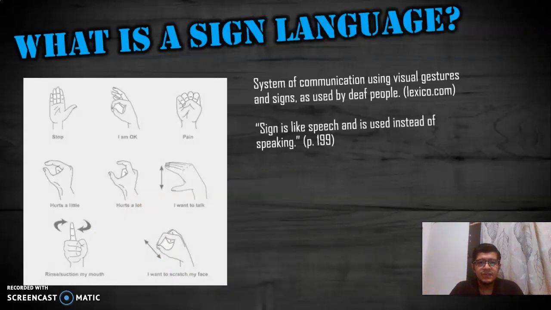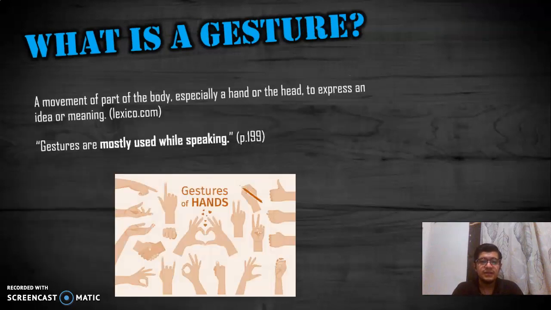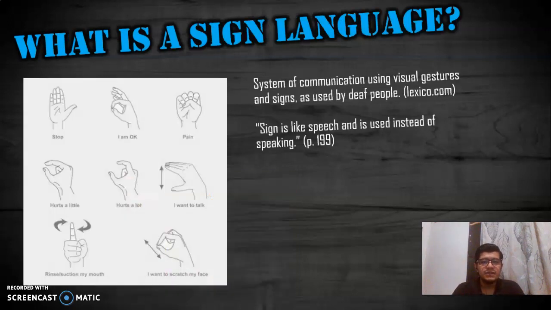And a sign language is a system. The first one, a gesture, is just when we do something like this, or something like this. But sign language is a system that is articulated by different signs and gestures, and this is used instead of the spoken language.